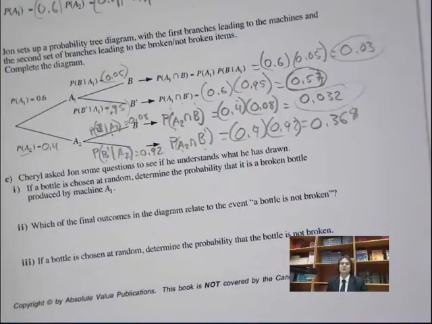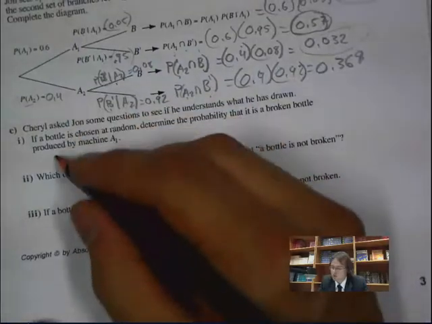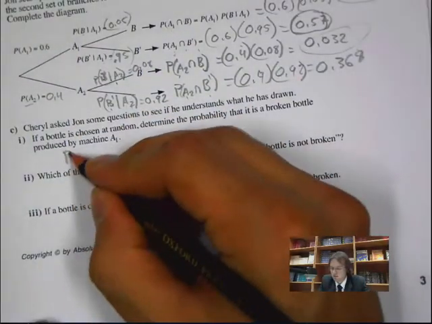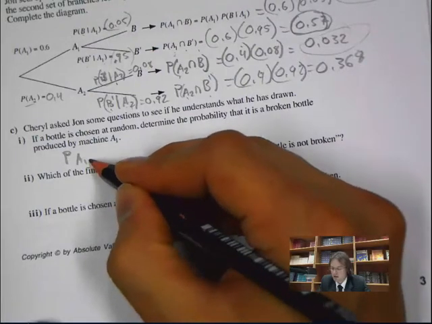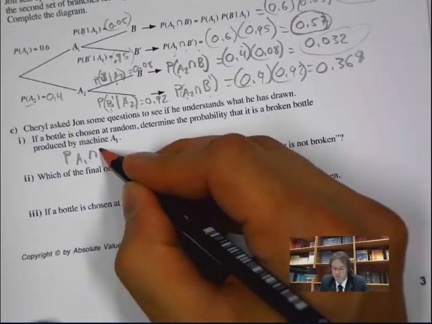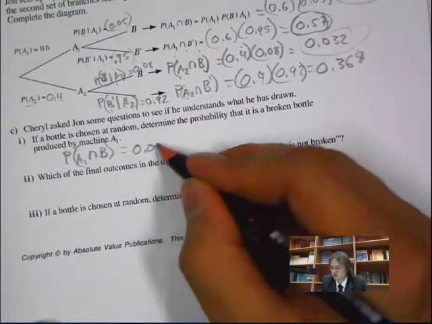Okay, that's that one. The next part is, Cheryl asked John a question at random: determine the probability that it is a broken bottle from machine A. So the probability is broken and from machine A1, and that is only equal to 0.03.